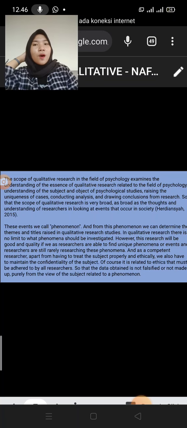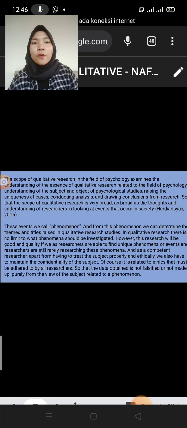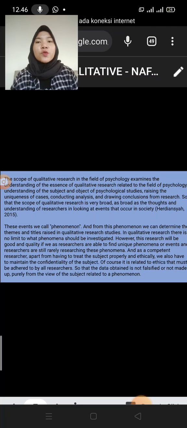So the scope of qualitative research is very broad, as is the scope and understanding of researchers in looking at events that occur in society.